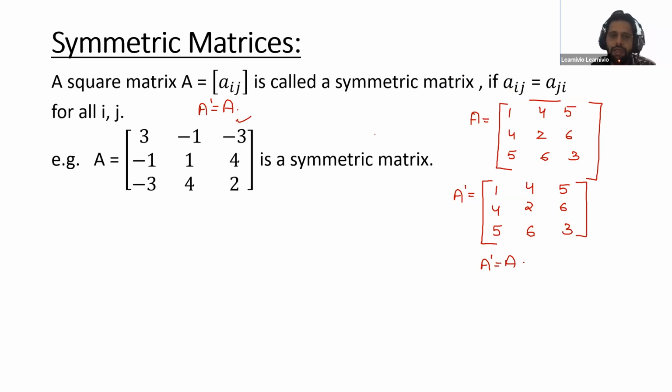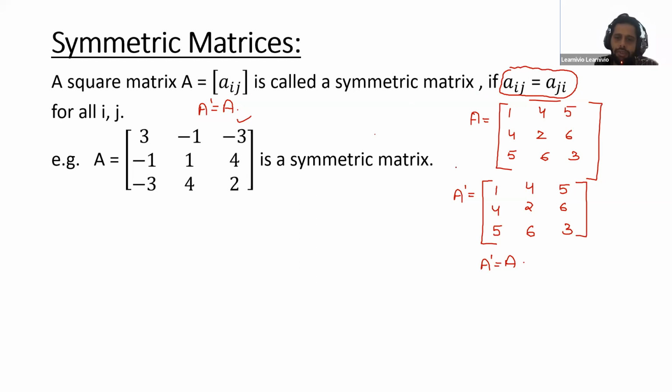In a symmetric matrix, this condition always follows. We will check later on what this condition is. Please remember, A transpose is equal to A, then we will say that the matrix is a symmetric matrix.